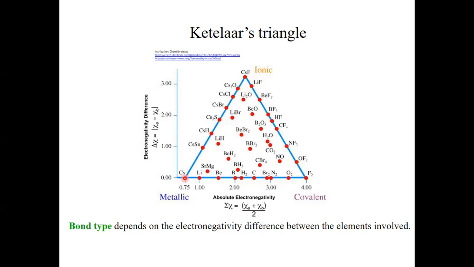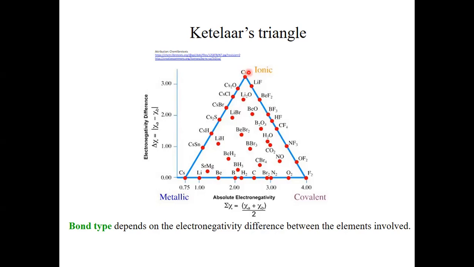Now all compounds made of 2 different elements would have at least some electronegativity difference between them, so they would lie above the x-axis, but within Ketelaar's triangle. So cesium and fluorine build the first 2 corners of Ketelaar's triangle, but the third corner is defined by the compound cesium fluoride.